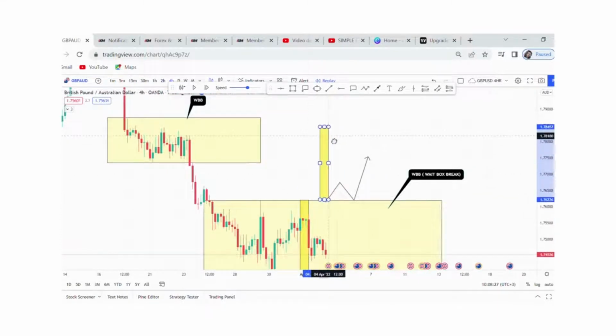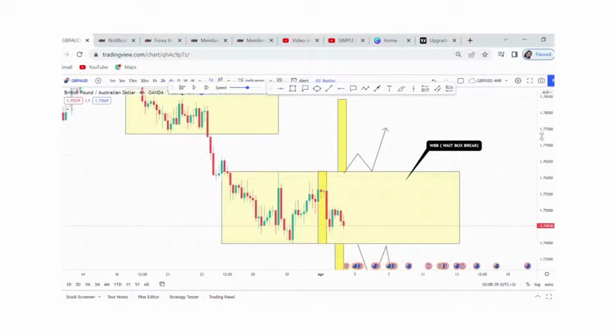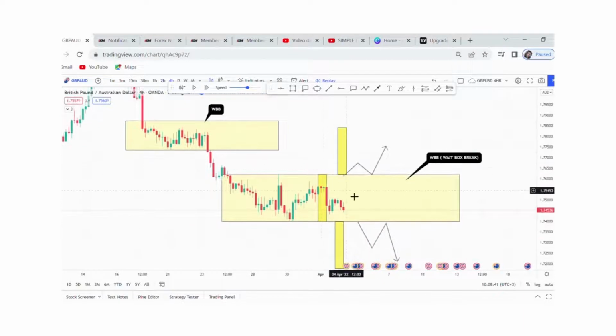They see a channel and they already say they know this one will break on the downside. Be open-minded and be ready for any side. So if the market breaks our box on the upward, the market will eventually go to that zone. So that's our take profit. That's how you measure your take profit.